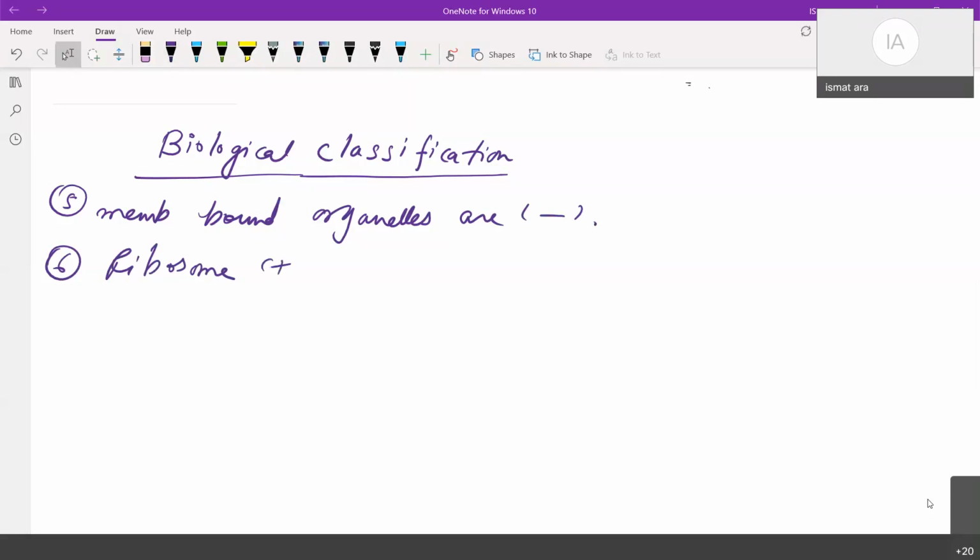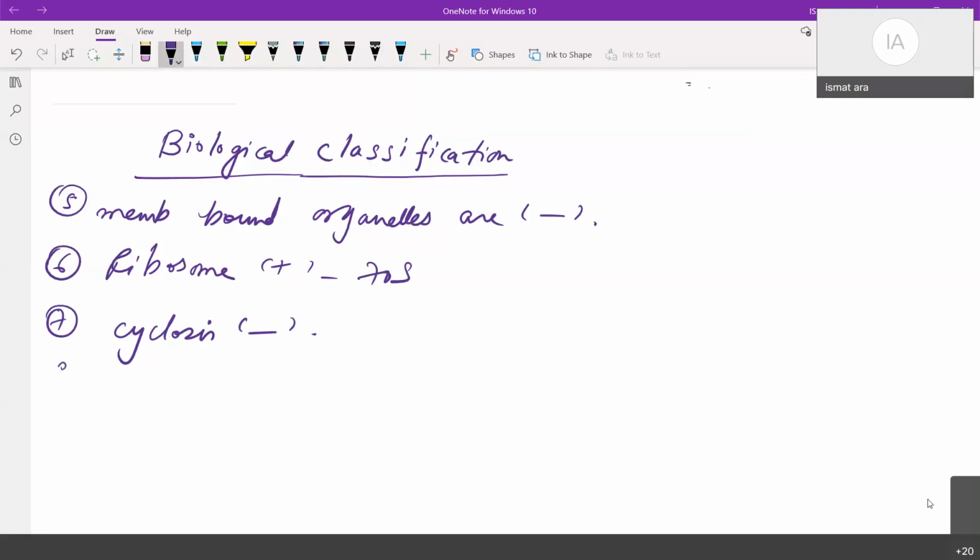Ribosome present, that is 70S. Cyclosis absent. What is cyclosis? Cyclosis means movement of cytoplasm or cytoplasmic streaming. So movement of cytoplasm is absent.